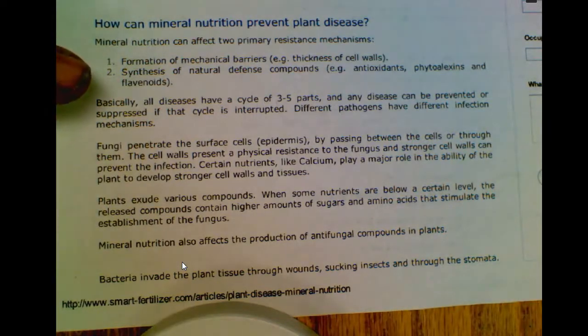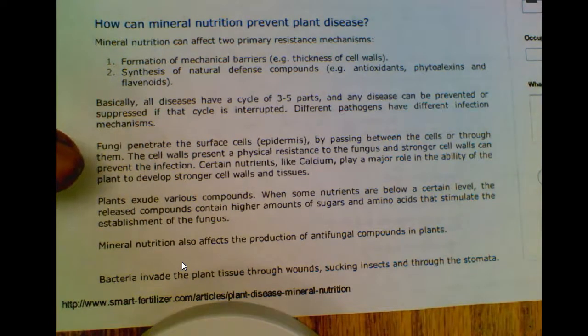You can form a mechanical barrier, thickness of your cell walls, by adequate nutrients, and you can synthesize natural defense compounds like antioxidants, phytoalexins, and flavonoids that are produced by the plant. All diseases have a cycle of 3 to 5 parts, and any disease can be prevented or suppressed if that cycle is interrupted. So that's what we have to do, is look for how we can interrupt that cycle.